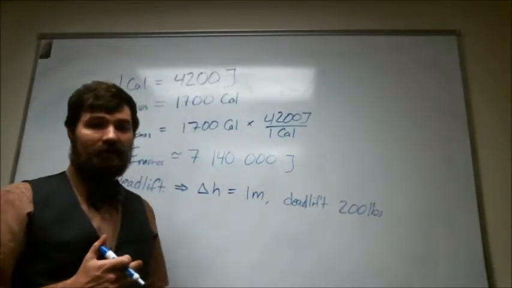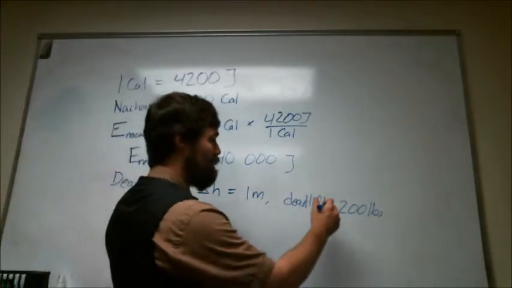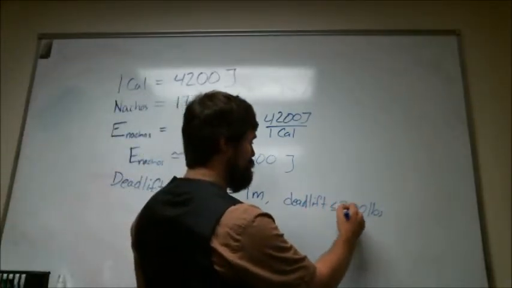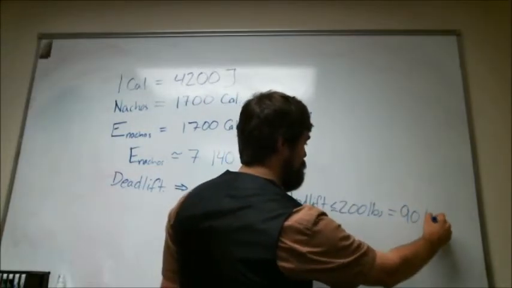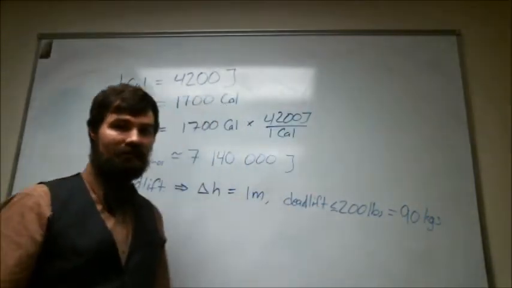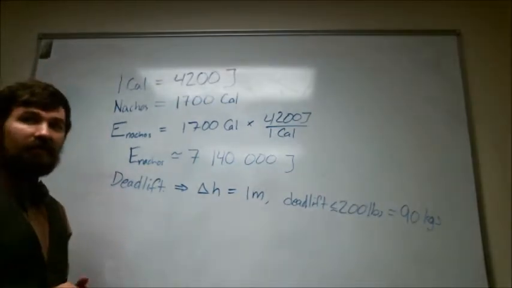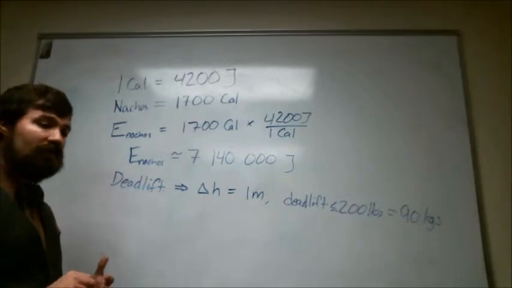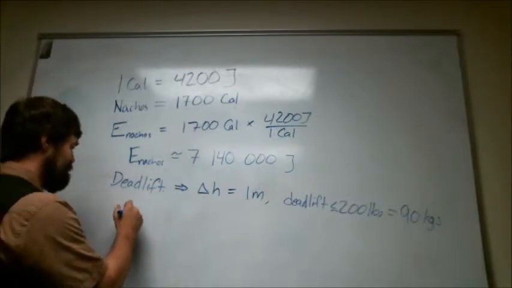By the way, 200 pounds is roughly 90 kilograms, so let's round this to 90 kilograms since we're going to be working in SI units. So how much energy does he burn each time that he lifts 90 kilograms up off the ground?